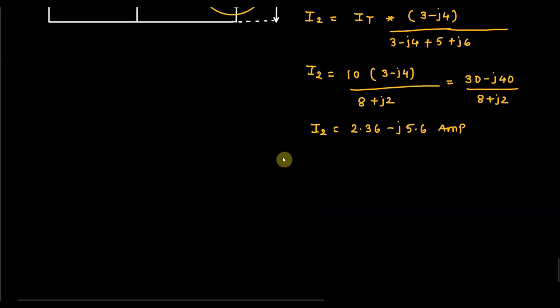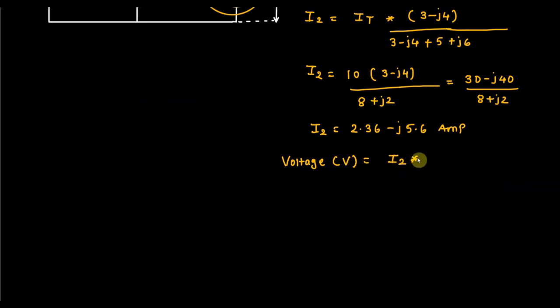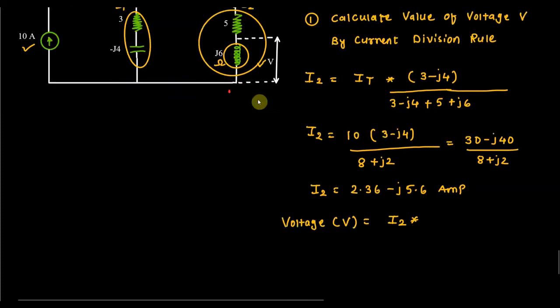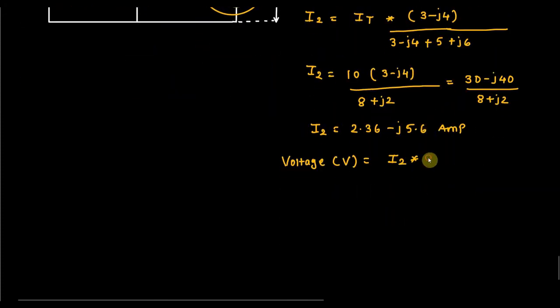So what is voltage V? Voltage V is simply current multiplied by this impedance value. The current here is I2, the current through the inductor, and you can see that it is across the inductor, so its ohmic value is J6. Substitute the values: I2 is 2.36 minus J5.6, multiplied by J6.